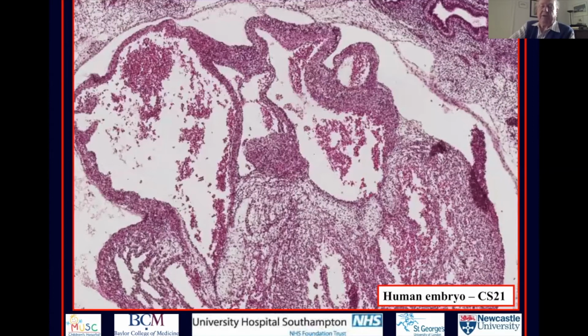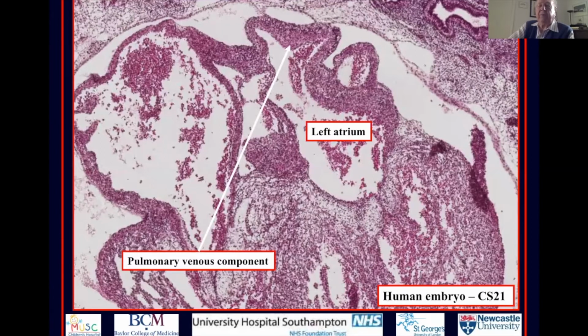So here is a later stage, and now you see the pulmonary venous component beginning to expand. Again, you see it's the equivalent of a 4-chamber section. There is the pulmonary venous component now coming into the left atrium, and it is only at this stage, as the pulmonary veins gain their attachment to the atrial roof, that we see the superior interatrial fold. This is often said to be the septum secundum.